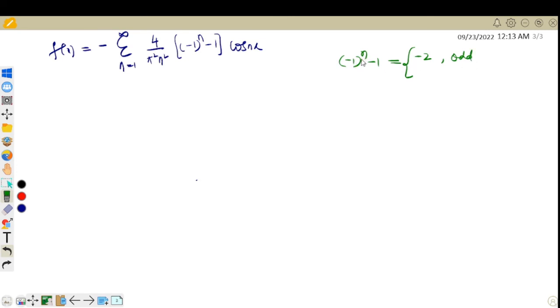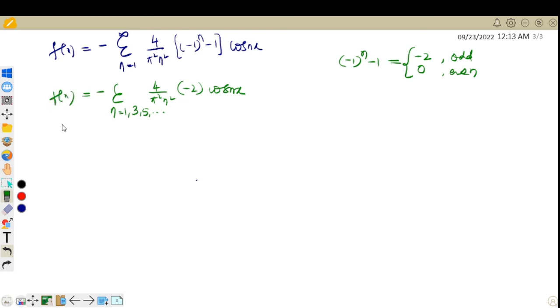If I take n even, this will become 0. So here, minus summation, n takes the values 1, 3, 5, and so on, only odd values. So you can write 4 by pi square n square as it is, and this value becomes minus 2 into cos nx.